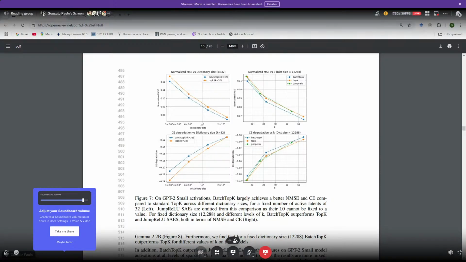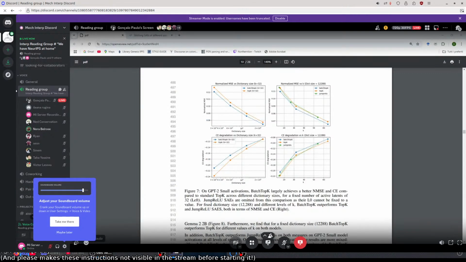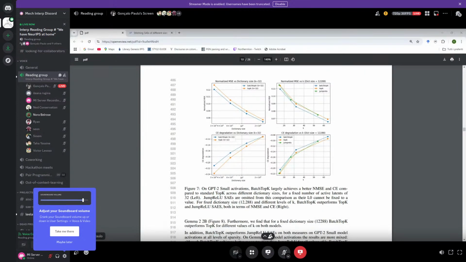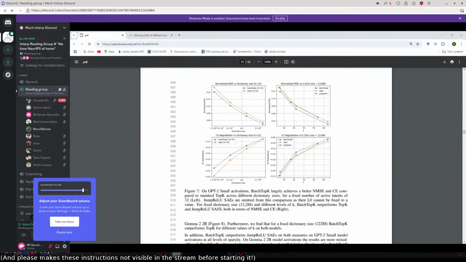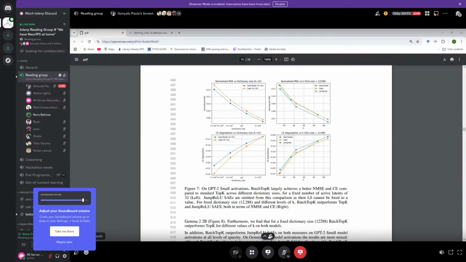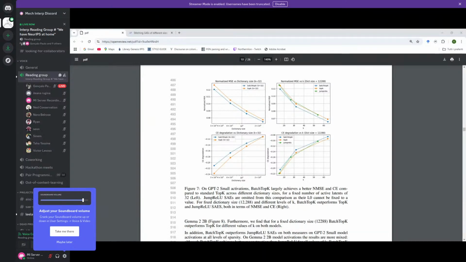There might be a fundamental issue here: if you have a fixed K, then it's easier to write a kernel that does things more efficiently, whereas if it's not fixed, I'd have to think about it a bit more.